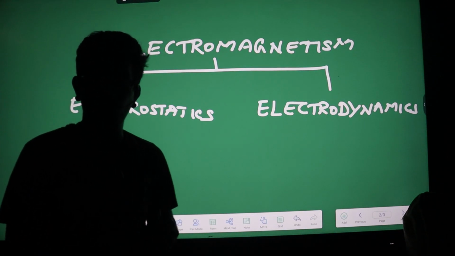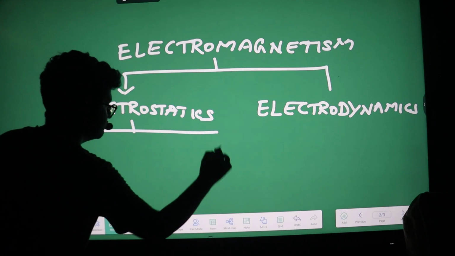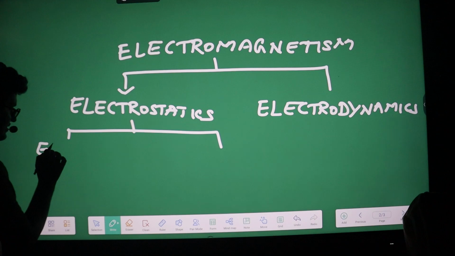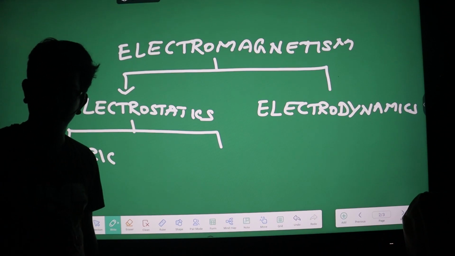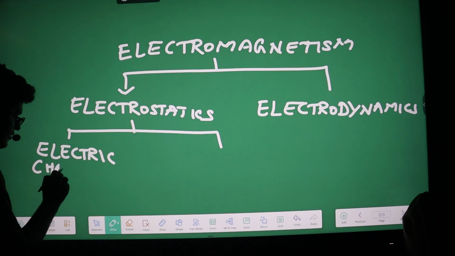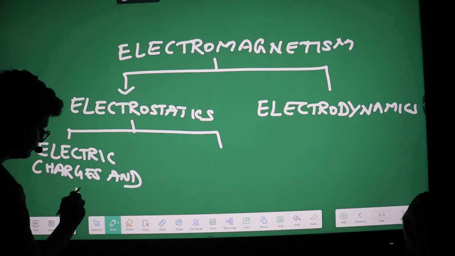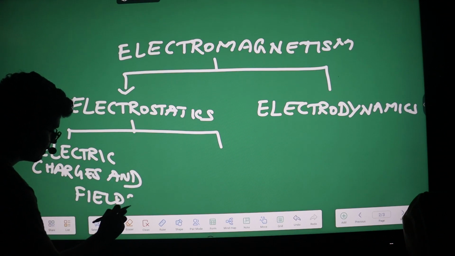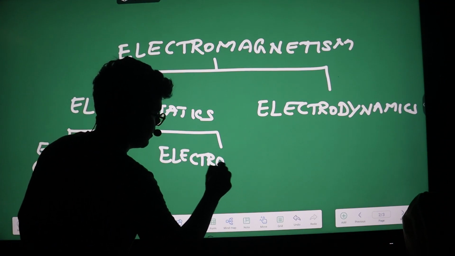It is your first volume in class 12th. In electrostatics, you are going to deal with electric charges and fields. It has been divided into two subdivisions in class 12th in the CBSE syllabus: electric charges and fields, and then electrostatic potential and capacitance.